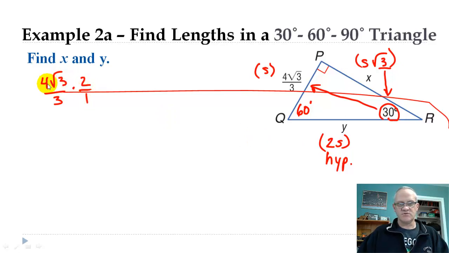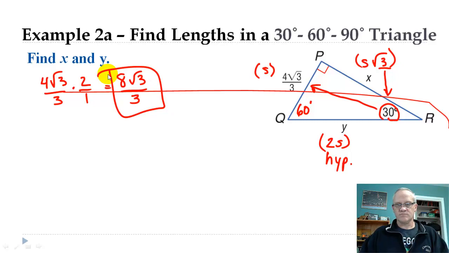What does that give me? 2 times 4 is 8 square root of 3 over 3. So that's the y. I should have written that in there.